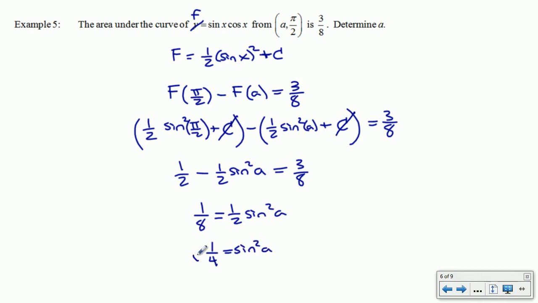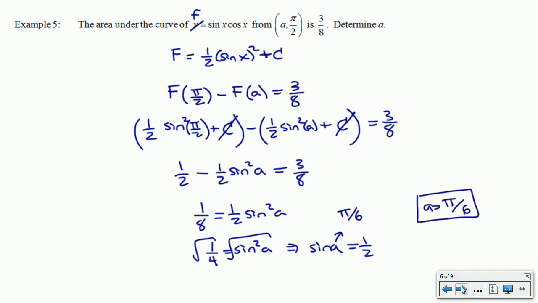Now we can square root both sides of this expression, which will give us sine a is equal to 1/2. Now thinking back to our unit circle days, sine is 1/2 when this argument is pi over 6. So a is pi over 6, and that's our final answer for example number 5.